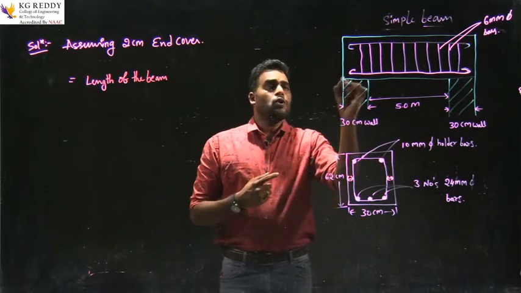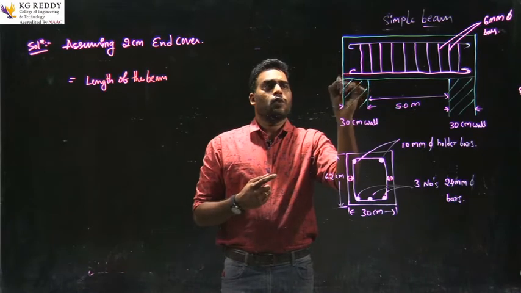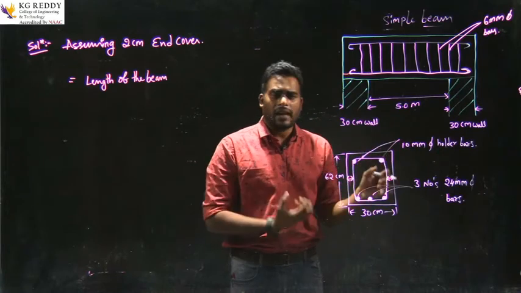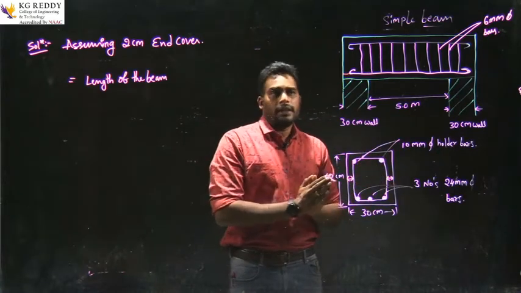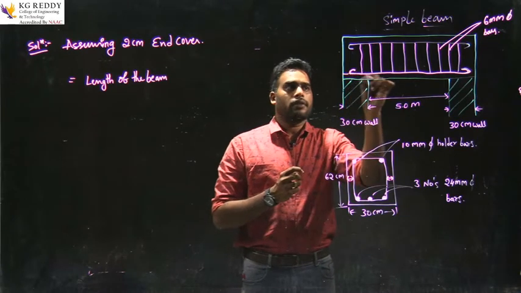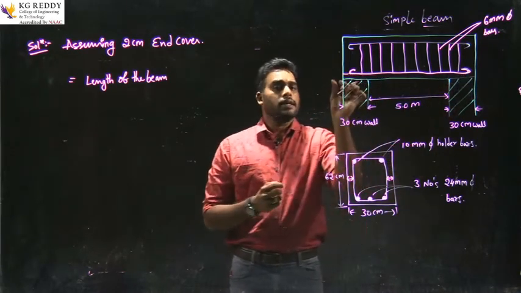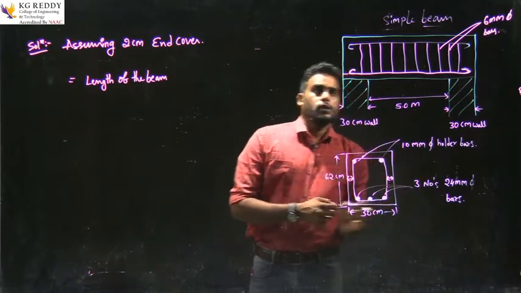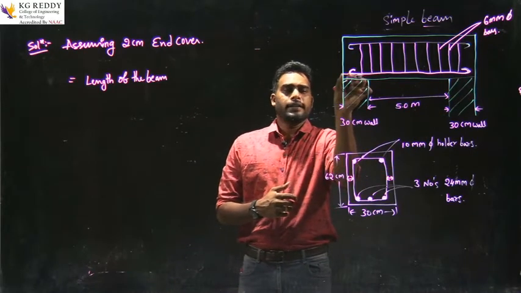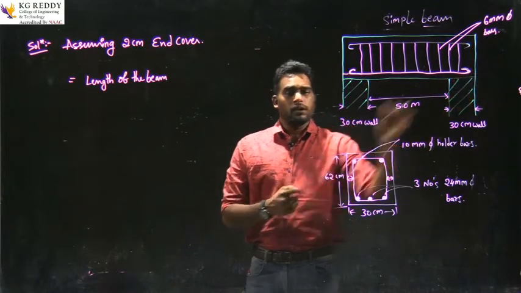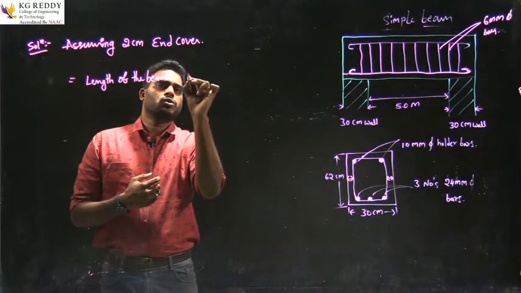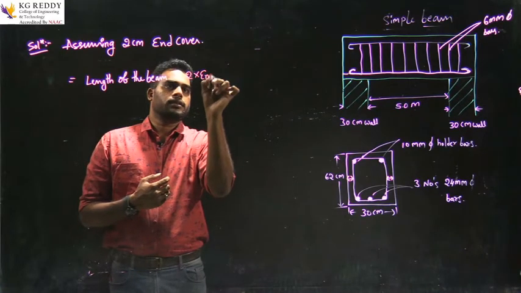Now we don't want this end cover, and also we don't want this end cover, because this end has total cement concrete. We are calculating only the length of this bar. So how many end covers are there in this bar? This is one end cover, and this is another end cover. So we don't want those end covers.